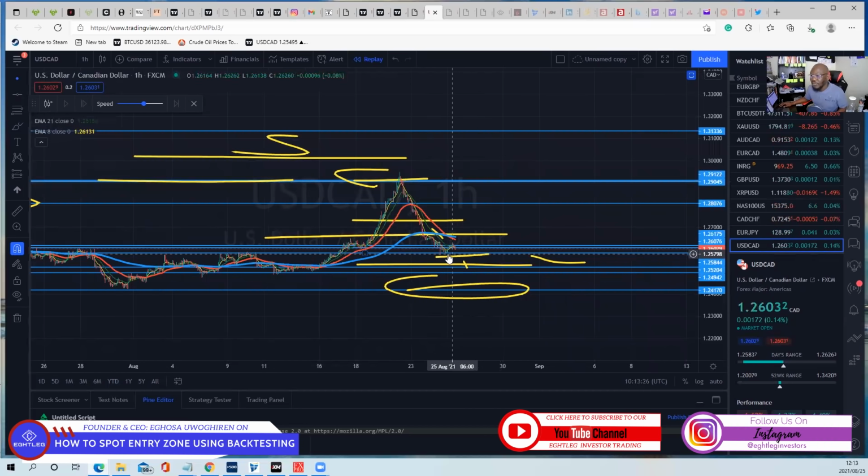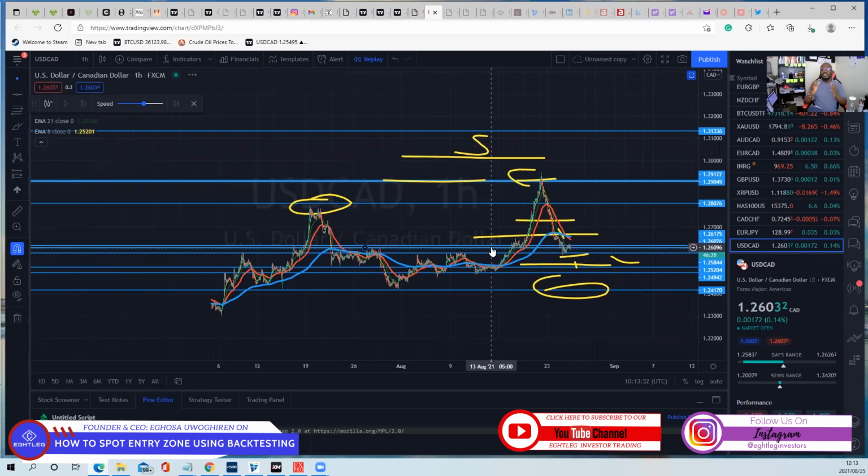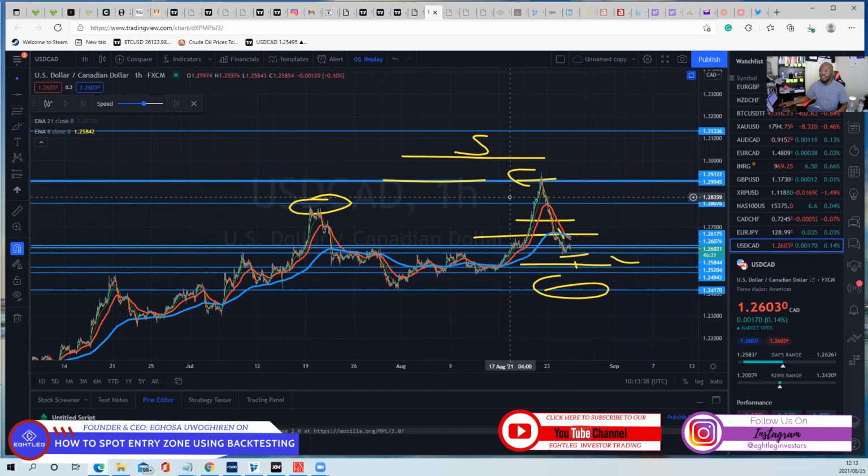Immediately it hit this TP2 level. Now we saw a rejection. This is the benefit of doing proper backtesting. If you had backtested, you will know that this place was very deceptive, so you would have adjusted your entry level.